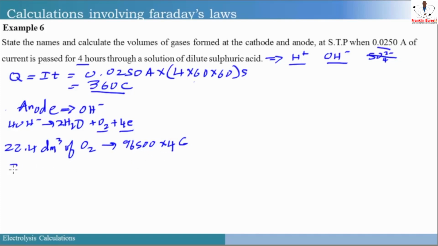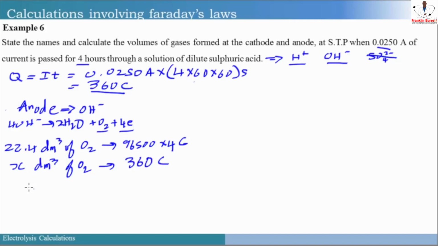So what volume of O2 would be produced if we have a quantity of 360 coulombs here?